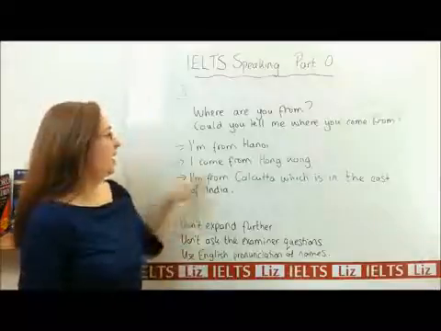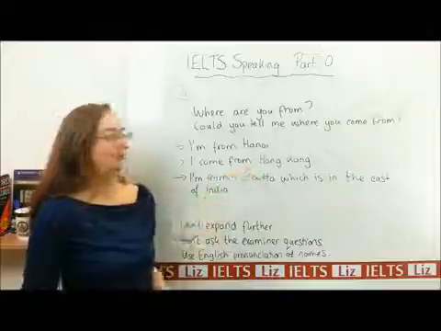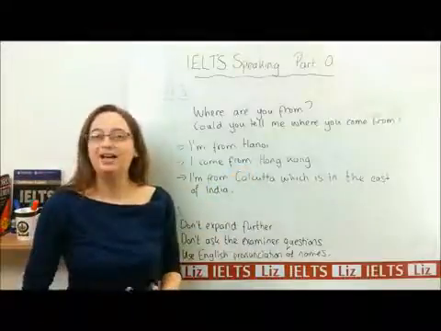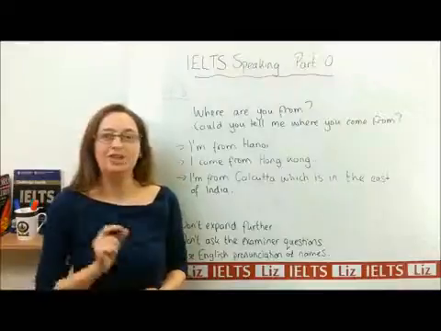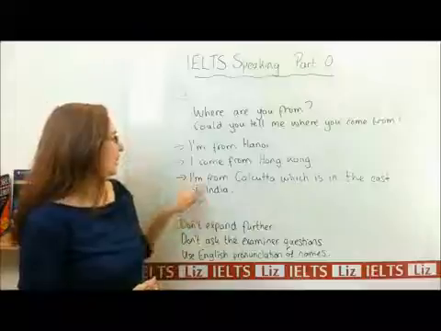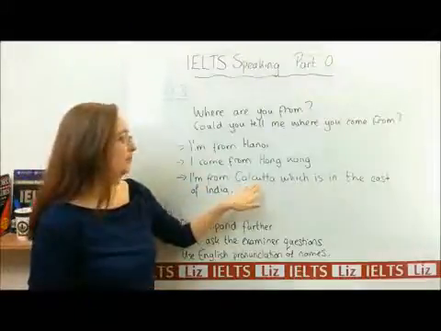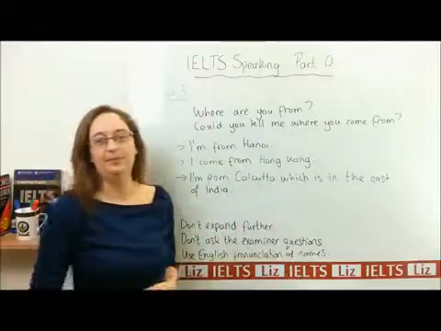You could say, I come from Hong Kong. I come from. You could also add more information if you want. Not too much, just a little bit more if you want. You could say, I'm from Calcutta, which is in the east of India.